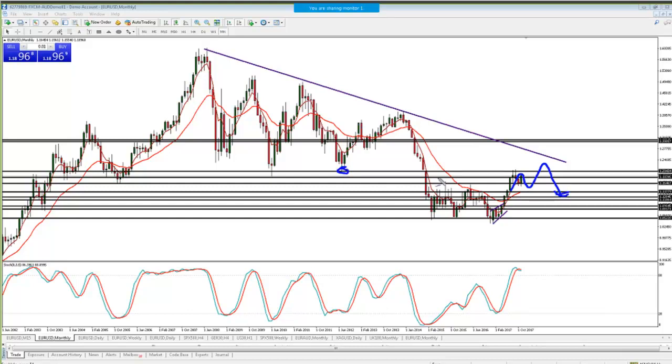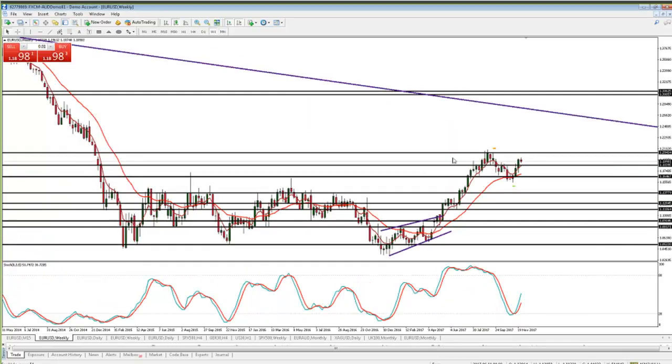Because we've hit some resistance. I just don't think we've hit the major zone. It was just a lot to deal with at once. The 120 handle and this piece here from 2012. All right, so let's go back to our weekly. The weekly is in a shorter-term uptrend, and this is significant because there are going to be more people willing to buy in the context of this little uptrend, even though we know there is major resistance through this zone.